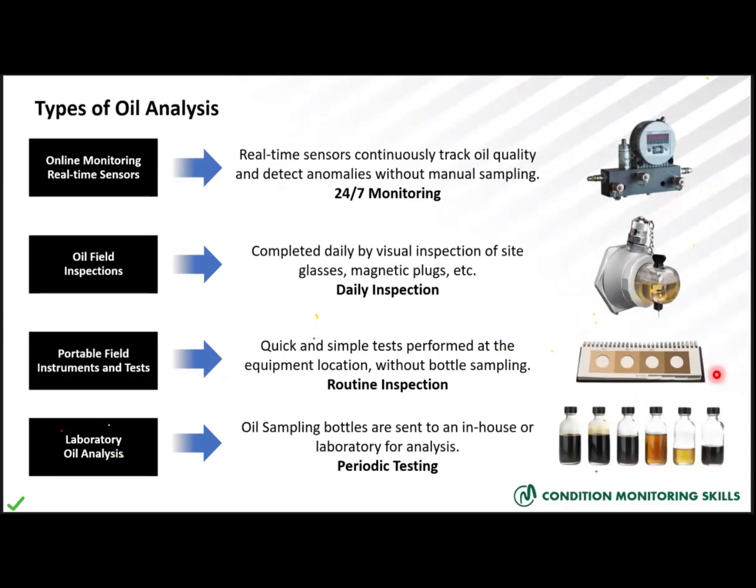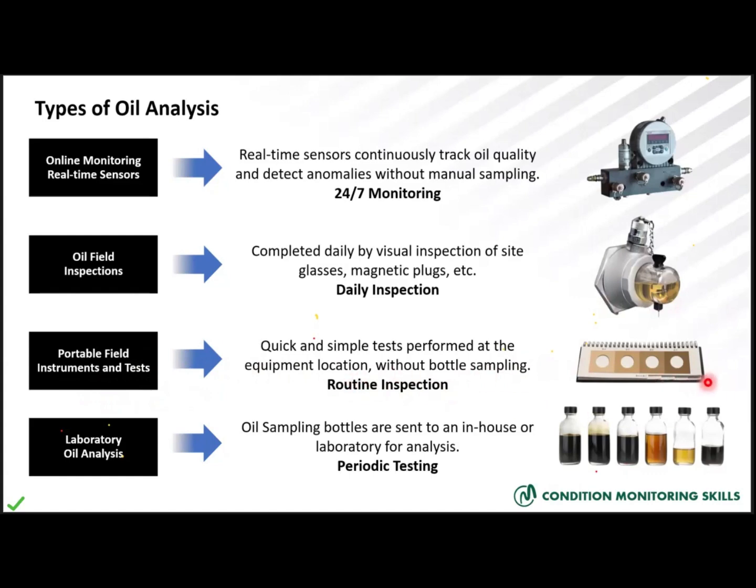The other one is the field inspection or on-site analysis. The field inspection is like a daily visual inspection of sight glasses and magnetic plugs and so on. The third one is the portable field instruments, or portable field oil analysis tests.